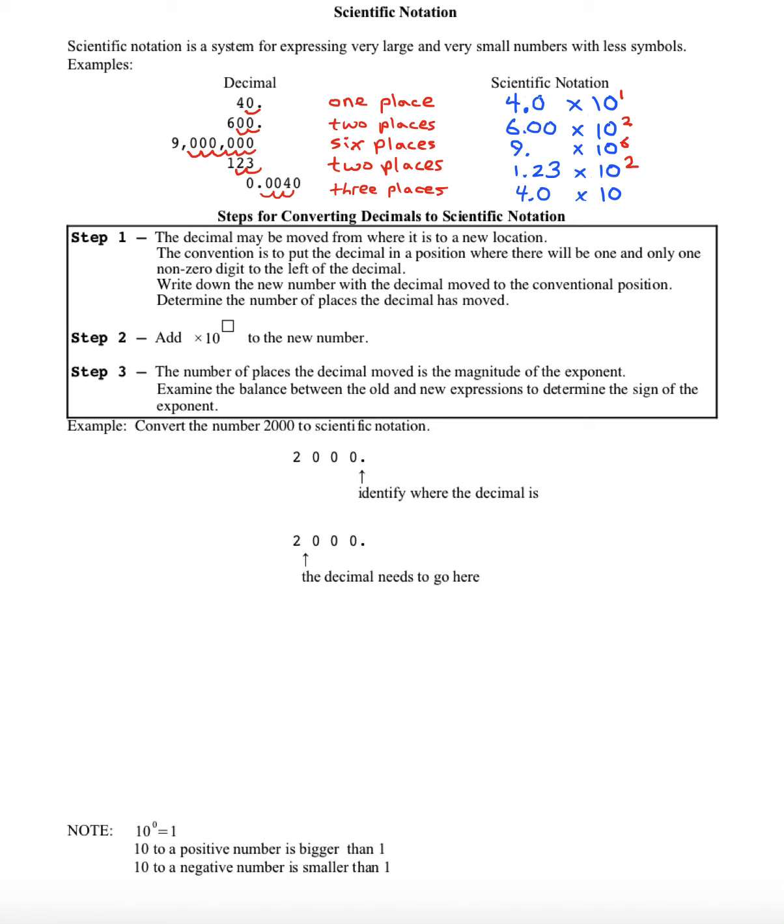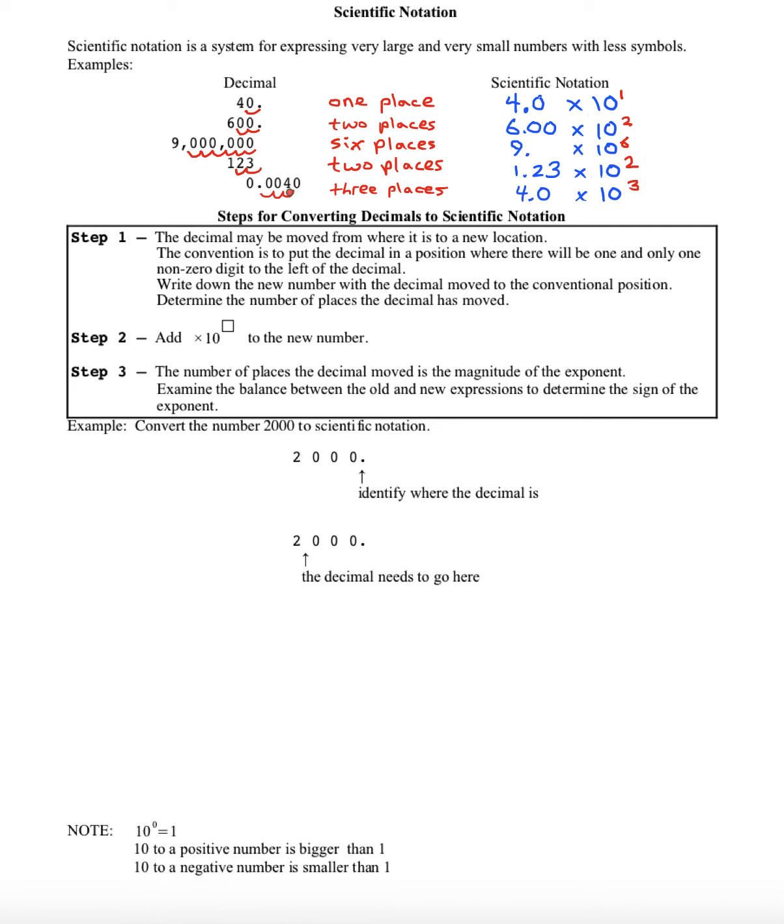However, that brings us to the very last thing that we have to consider when doing this. We do have to examine the balance between the old and the new expressions to determine what sign the exponent should take. So if I just put a 3 here, for example, that actually wouldn't be quite right.